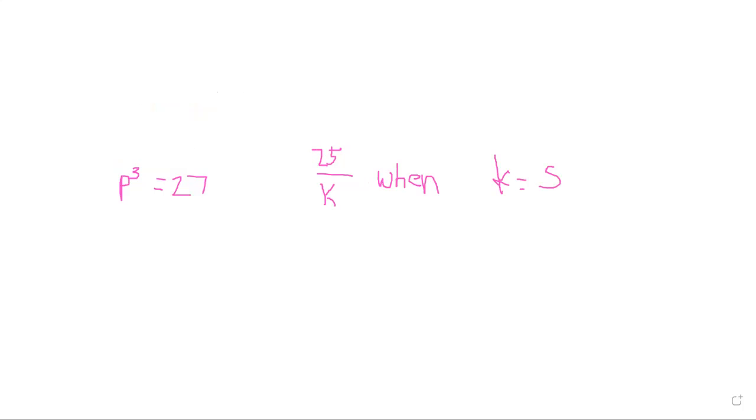So 25 over k when k equals 5. What do I do? I plug the 5 in. So now I have 25 over 5. And what is that? How many times is 5 going into 25? You're right, 5. So is 25 over 5, 5? Yep, we've done well.